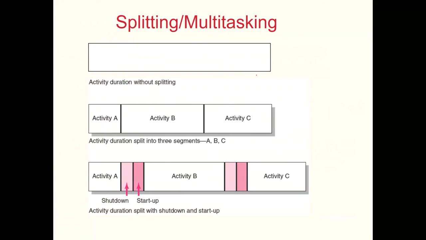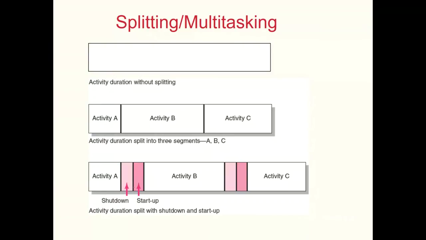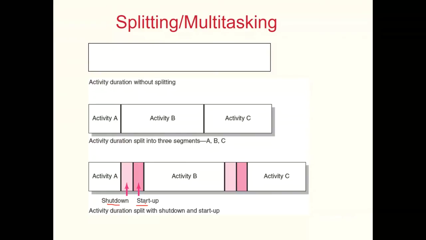One important thing for us to remember is that splitting is not simply cutting a big block into three different components. There are always shutdown and startup costs involved in any activity, so the overall project duration for this work package could perhaps be increased by a certain degree by splitting an activity.